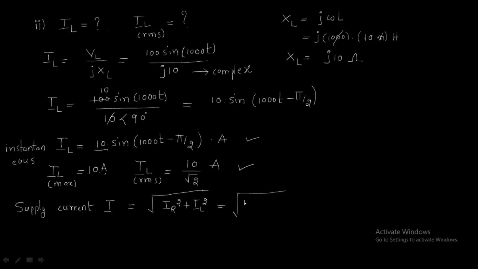By simplifying, we get 10 by root 2 whole square plus 10 by root 2 whole square. By doing the calculation, the current value is 10 amps. This is the supply current value.